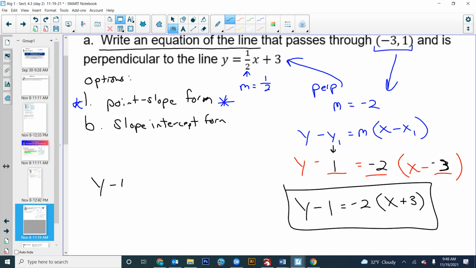So y minus 1 equals -2x minus 6. Add the 1: y equals -2x minus 5.